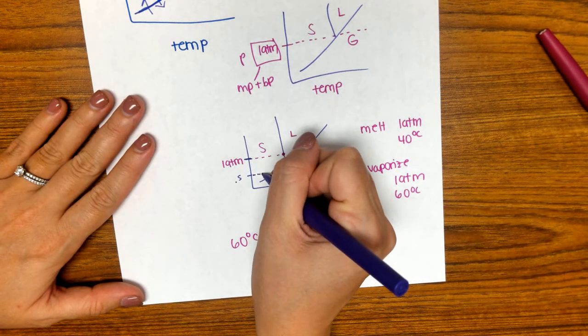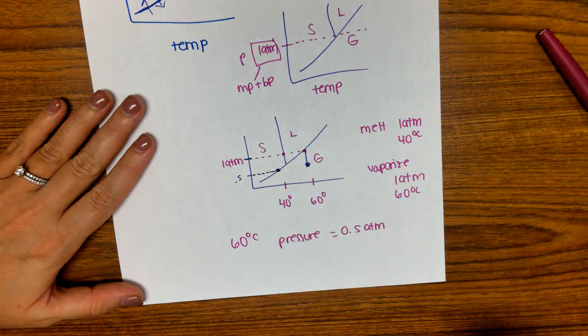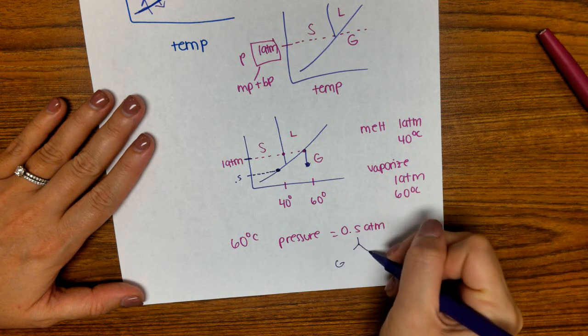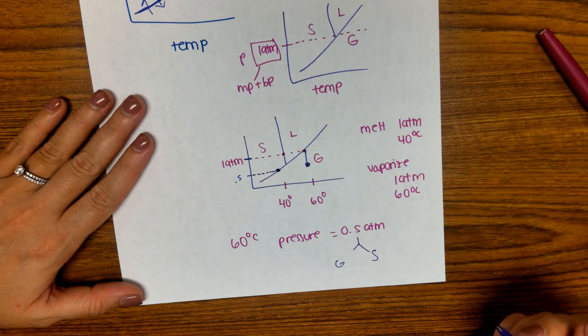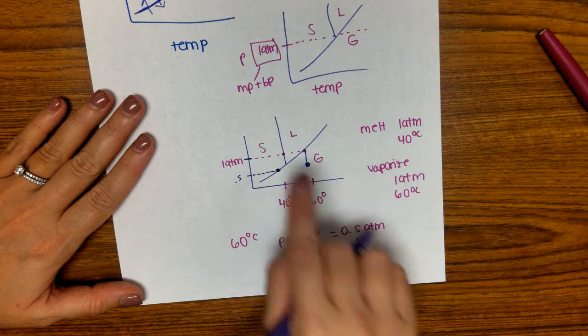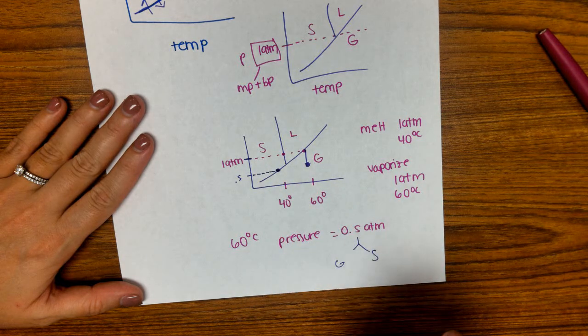And with the case of this one, if you look at 0.5 atm, it never goes to the liquid state of matter. This random curve I drew, you could only get it when pressure is 0.5 atm. It can be a gas or it can be a solid, but it can't ever be a liquid at that pressure. Carbon dioxide is like this. For carbon dioxide, 1 atm is like down here. And that's why if you have ever played with carbon dioxide, it goes from solid to gas.